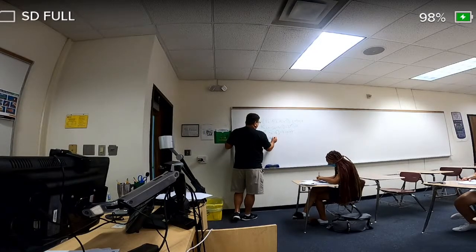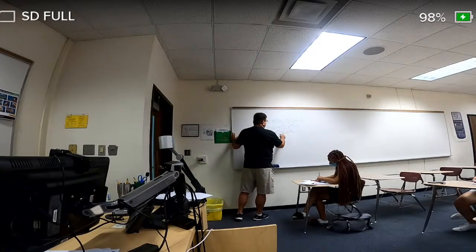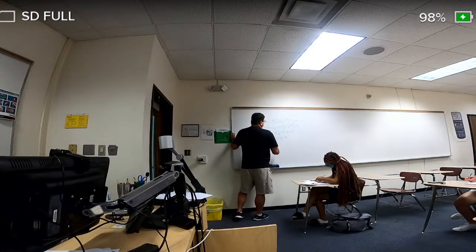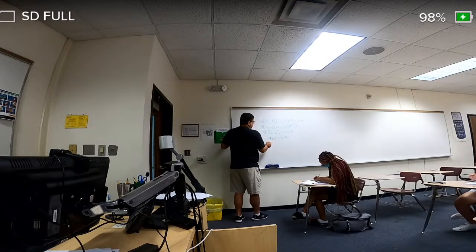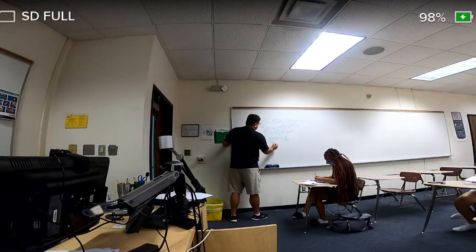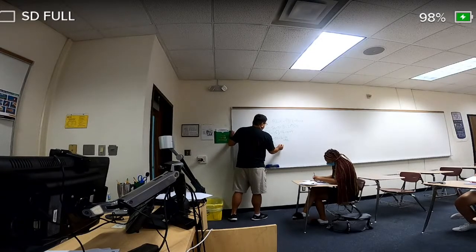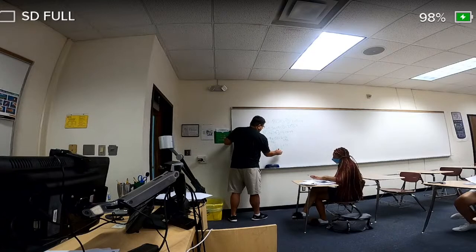I'm going to give you a worksheet. 2 plus 4 is 6. Minus x. Add 4x. Add 4x. Negative 32 equals 6 plus 3x. Subtract 6. Subtract 6. Negative 38.